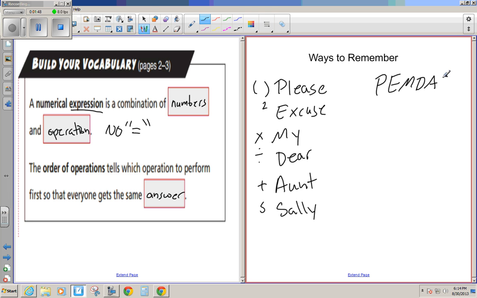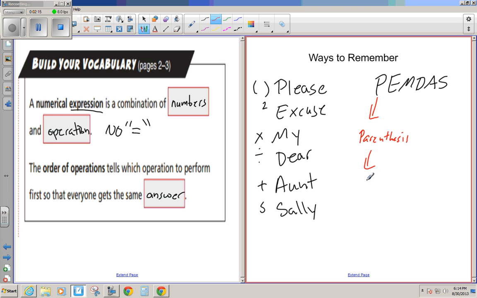PEMDAS. I'm not sure what you learned last year in 5th grade, but PEMDAS is an easy phrase to remember as well. It still means parentheses, exponents, multiplication, divide, add, and subtract. Now, I personally have a problem with the P. I think it should not be parentheses.